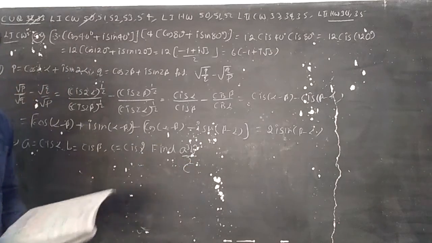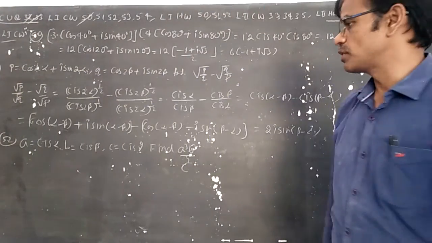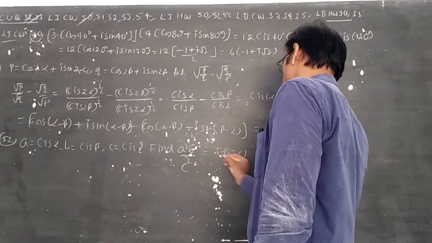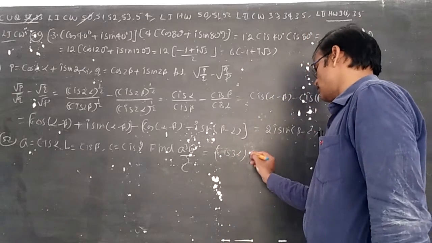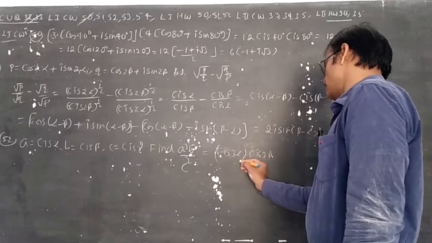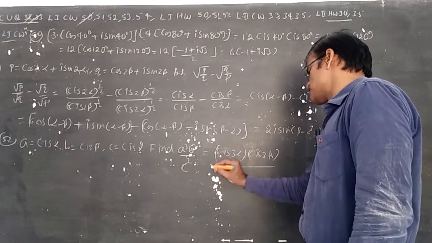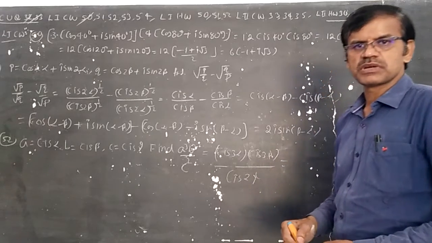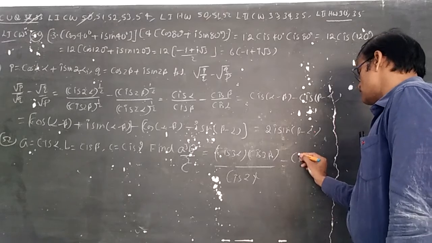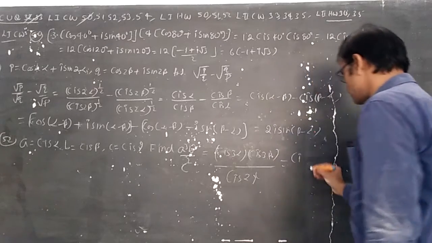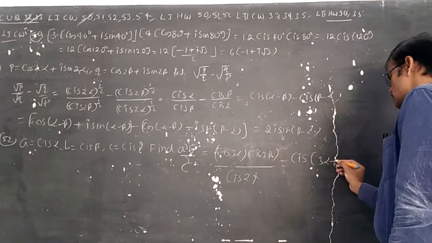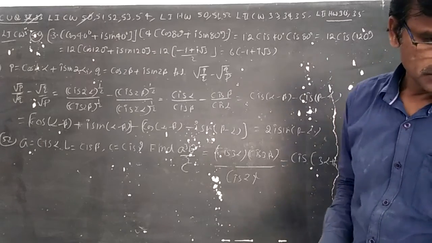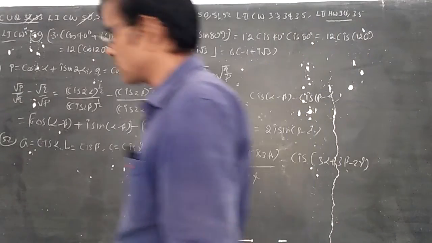So A cube means cis 3 alpha, B cube means cis 3 beta, and the whole by C square means cis 2 gamma. Cis alpha into cis beta becomes cis of alpha plus beta, and cis alpha by cis beta is cis of alpha minus beta. So you can write directly cis of 3 alpha plus 3 beta minus 2 gamma. That's all. Cis of 3 alpha plus 3 beta minus 2 gamma, second option.